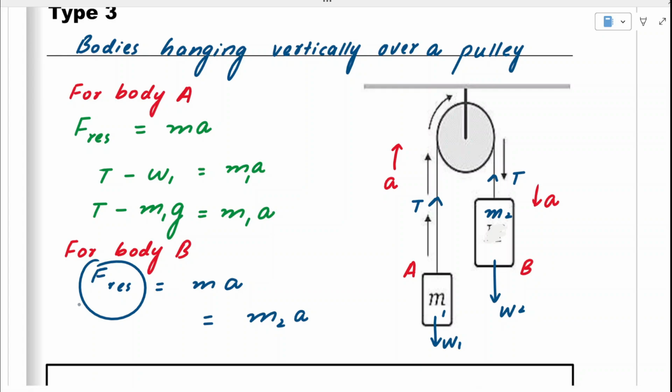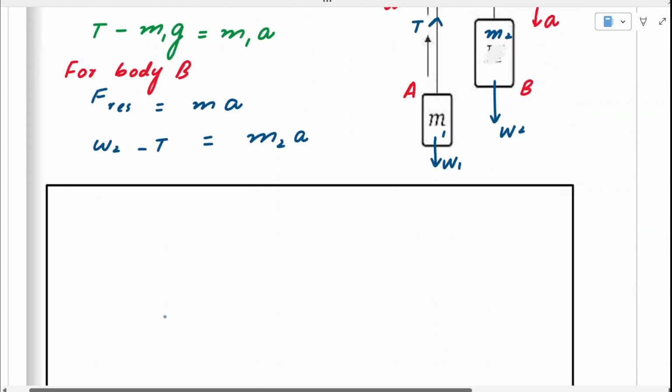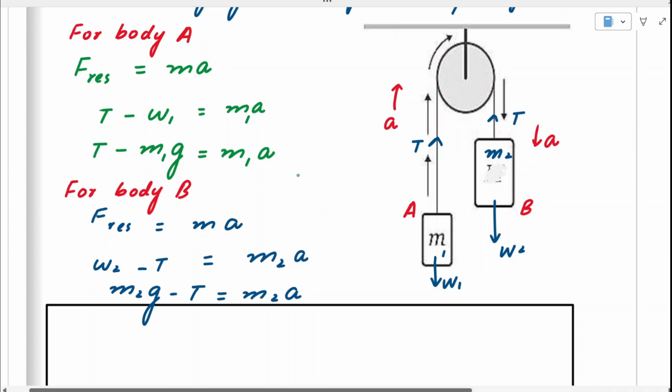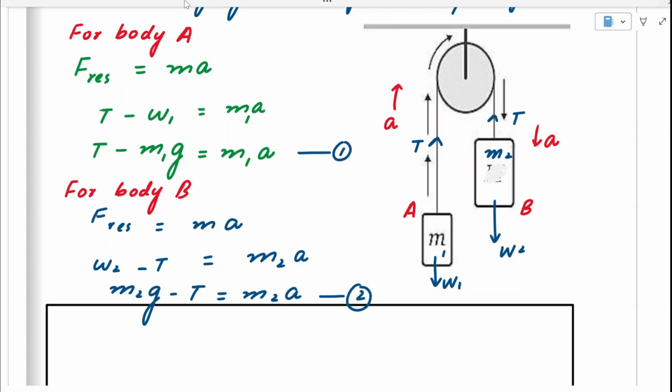The object B is moving downward, so the downward force has to be greater, and the resultant force would be the downward force minus the upward force, which we can write as, instead of W, m2g, because W equals mg, minus T equals m2a. So you have two equations.